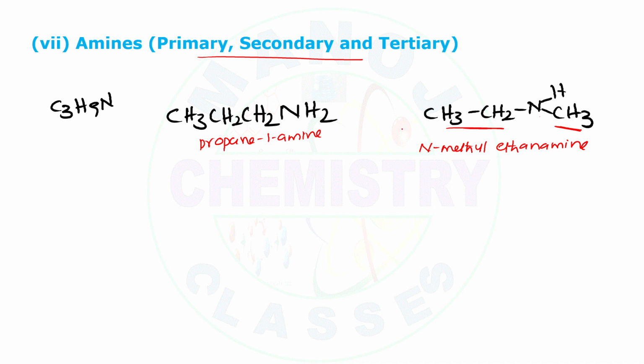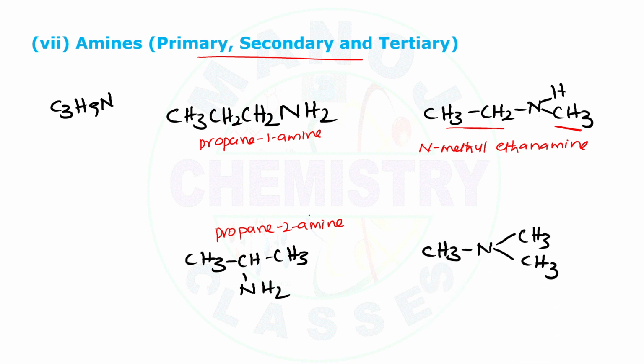We can write one more example, propan-2-amine. This one is propan-2-amine. Whereas one more is N,N-dimethylmethanamine. It is named N,N-dimethyl because these two methyl groups are attached to the nitrogen atom.